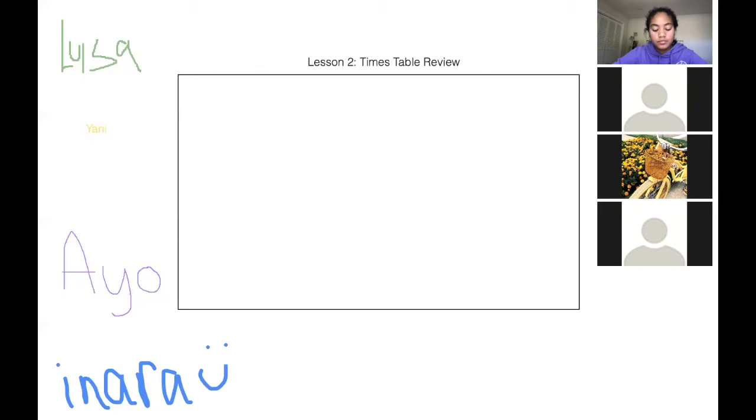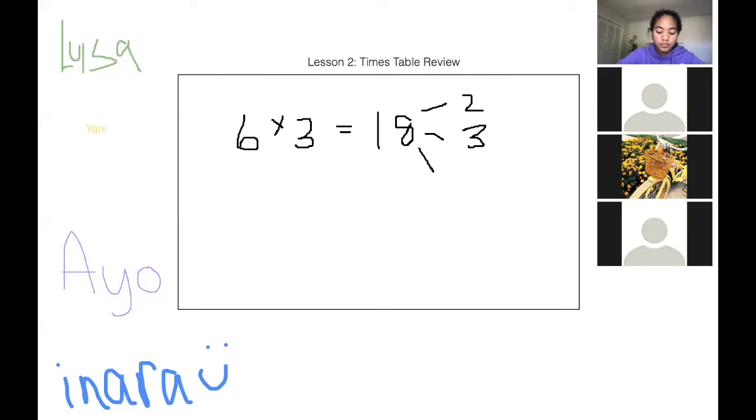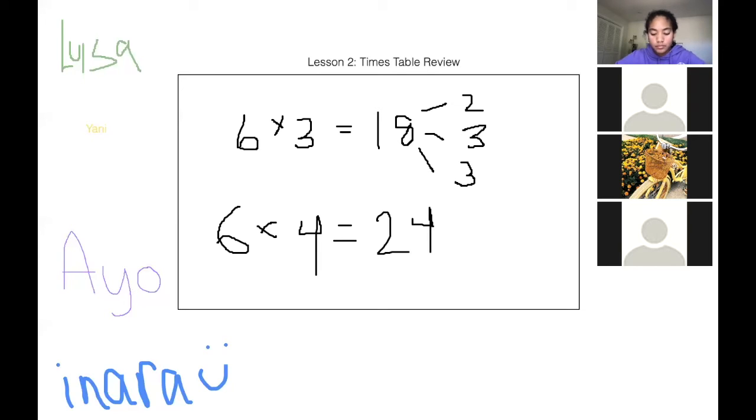But so if we say, for example, 6 times 3, that equals 18, and 18 is a multiple of 2 and 3. Or if you say 6 times 4, that equates to 24, and 24 is also a multiple of 2 and 3.